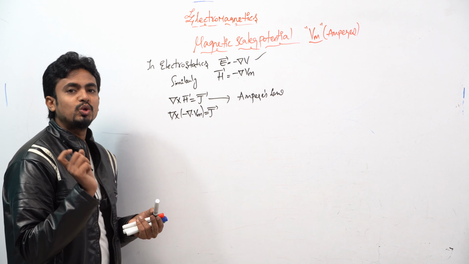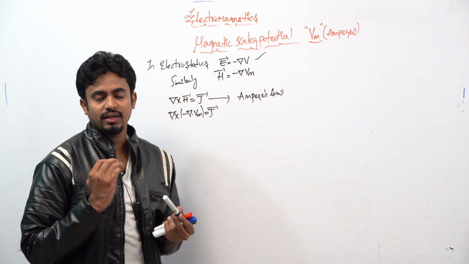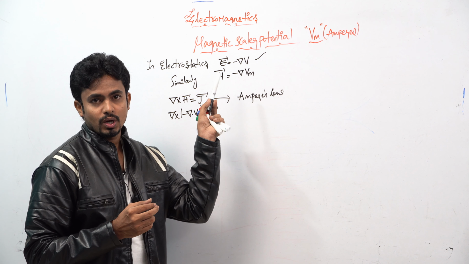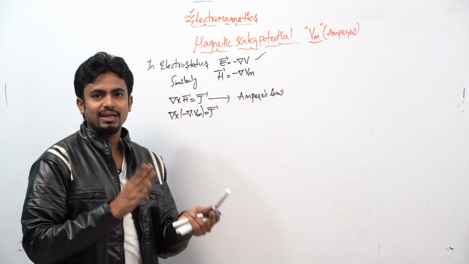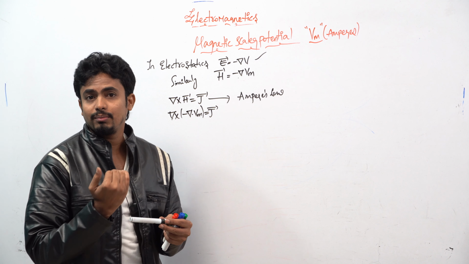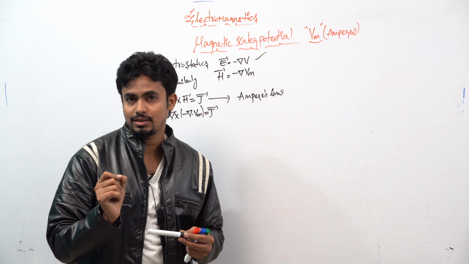You must use the identities. I already told you the identities when I was dealing with the first unit, electrostatics. I told you what a scalar is, what a vector is, what the gradient, the curl and the divergence are, all of those things. At that time, I told you some important points and conclusions.